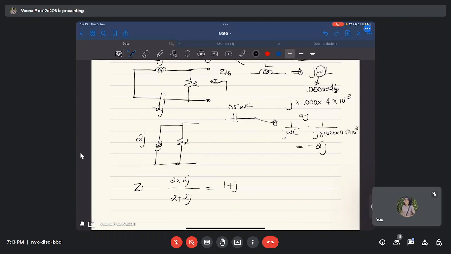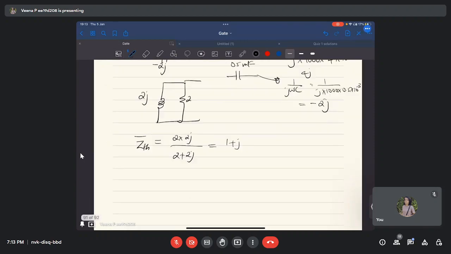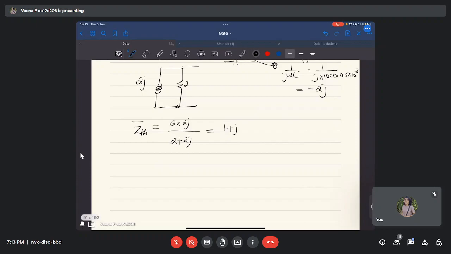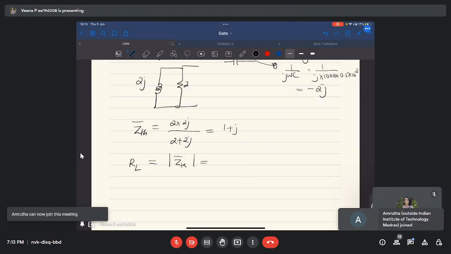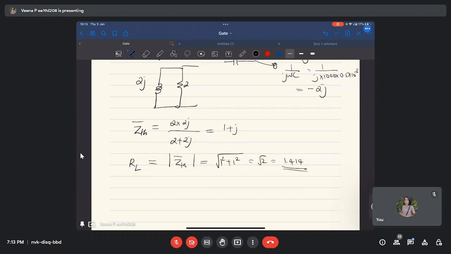So this is your Z Thevenin. This is a complex number. Your load is only a resistance, and a resistance can never have a complex part. So you find the magnitude of Z Thevenin, which is root of 1 squared plus 1 squared, which is root 2, or 1.414, is the answer.